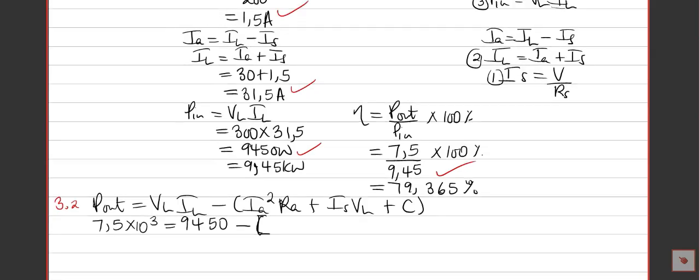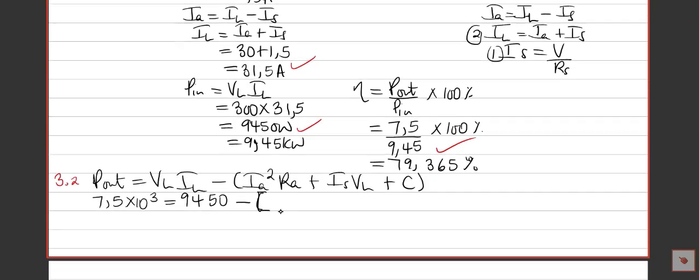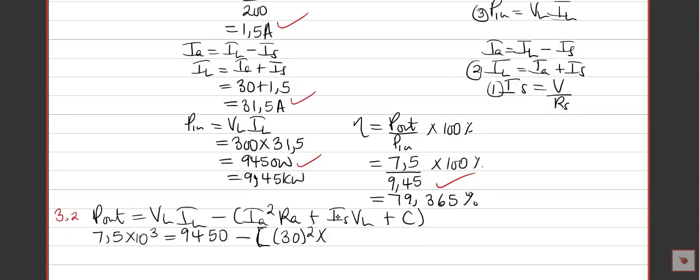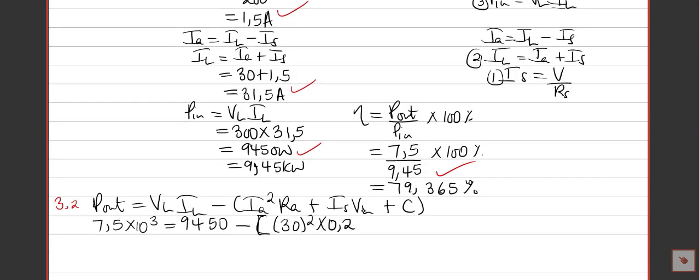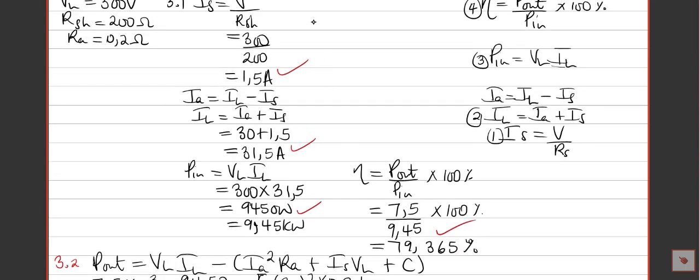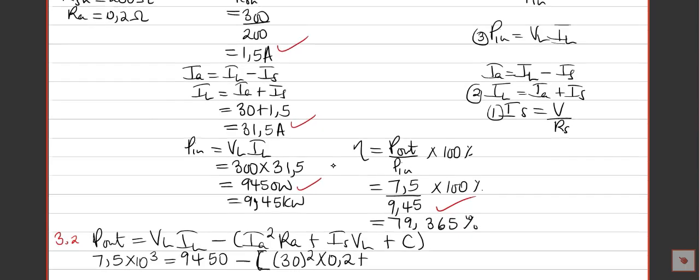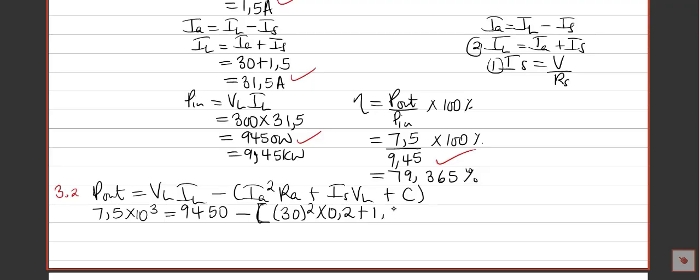Our IA was given as 30 amps, so I have 30 squared. Our RA is 0,2. Our I shunt, we found earlier, is 1,5, times our voltage, the given voltage was 300 volts, and we are looking for C.